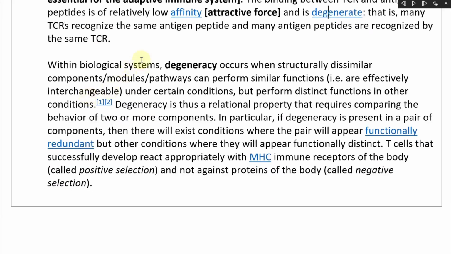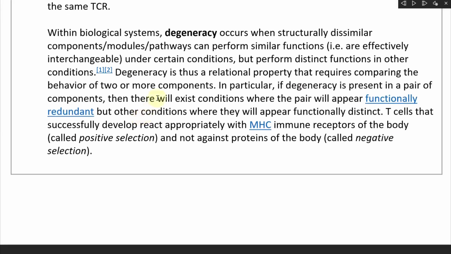Note that within biological systems, degeneracy occurs when structurally dissimilar components, modules, or pathways can perform similar functions, i.e. are effectively interchangeable under certain conditions, but perform distinct functions in other conditions. Degeneracy is thus a relational property that requires comparing the behavior of two or more components.